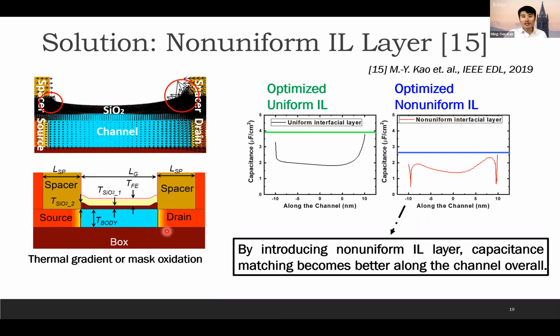And with our proposed design, we can have a more uniform profile of C_MOS on this capacitance versus position along the channel plot. So that we can further optimize our capacitance matching. This green curve with the center region is very far compared with this blue one and this red curve. We can see the overall capacitance matching condition is improved.